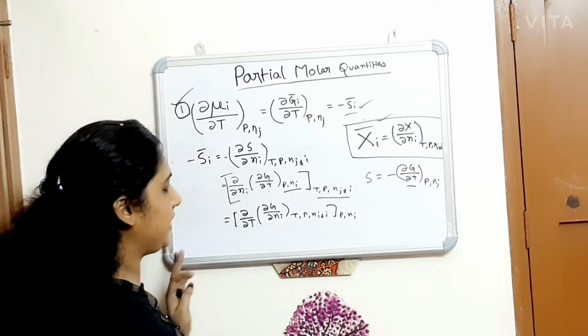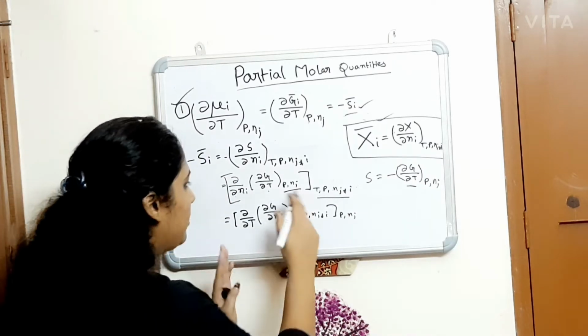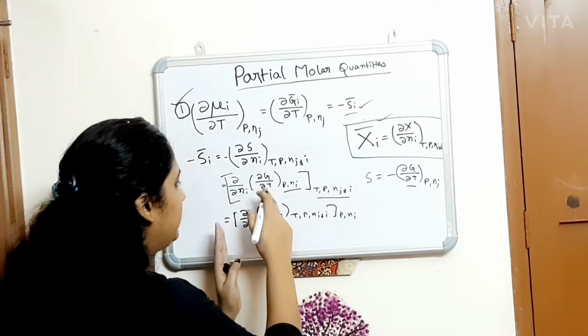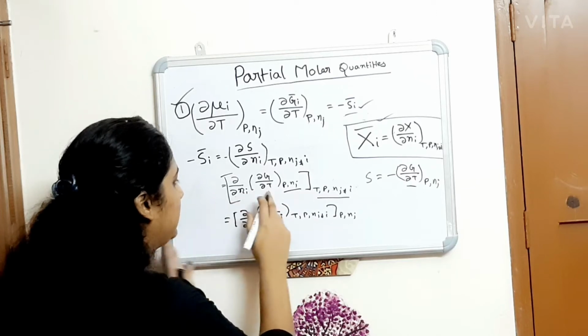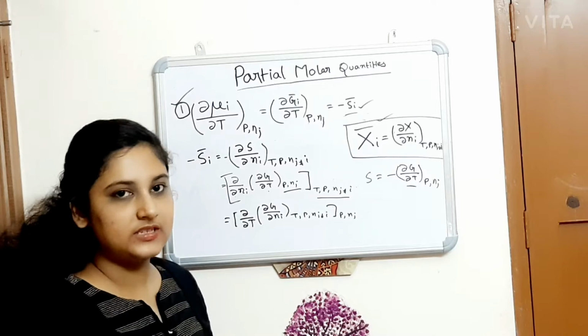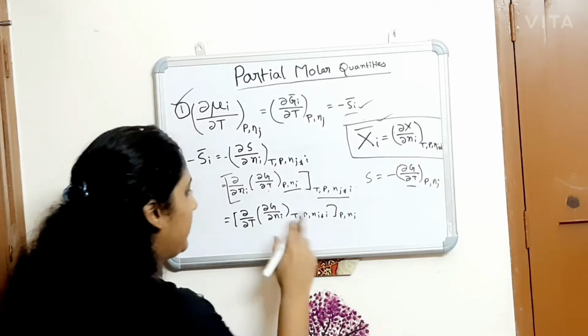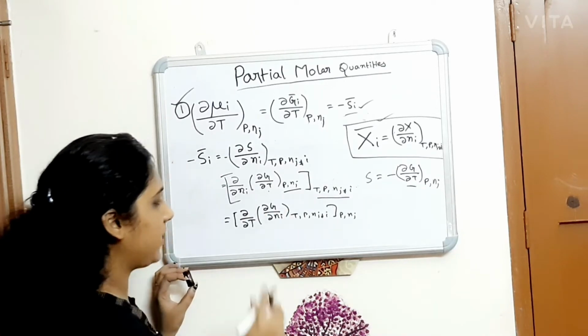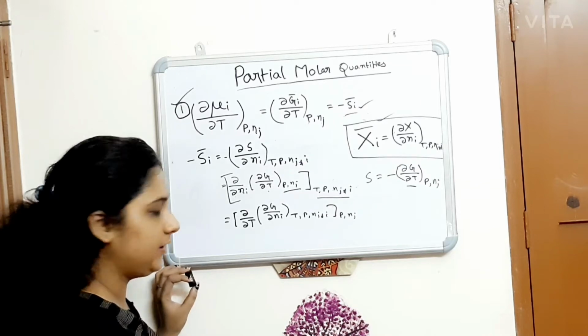You can exchange these two places of the constant terms and two places of the derivative terms also, as they are all state functions. As G is a state function, you can write it like that.